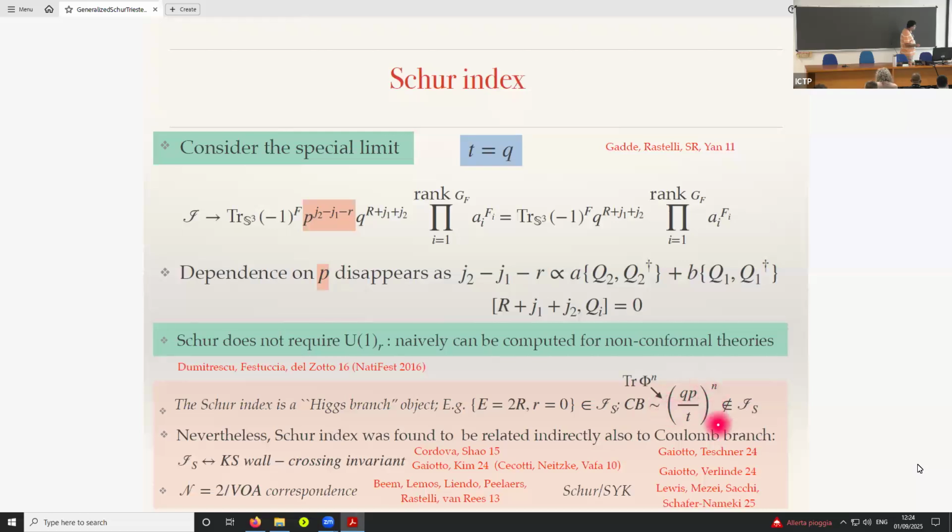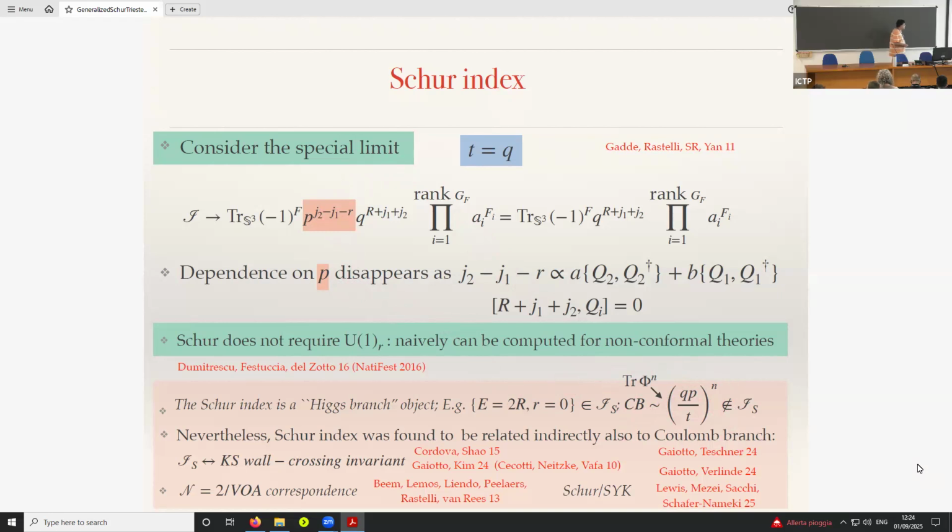If you set q equals to t, then it will be contributing p to the n to the index. But we said that dependence on p disappears. So the contribution of this operator to the index has to cancel with something else in the index. Okay, so these operators, the Coulomb branch operators, naively do not contribute to the index.